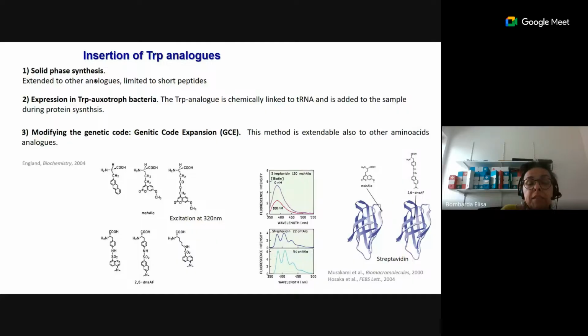And we will see also that it is a method to insert other amino acid analogs, not only tryptophan. So the method number 2 is only possible for tryptophan, but this one is more general. So practically we manipulate the genetic code.